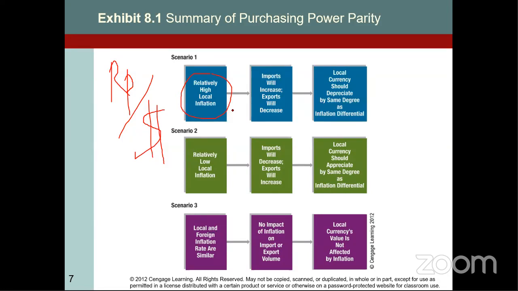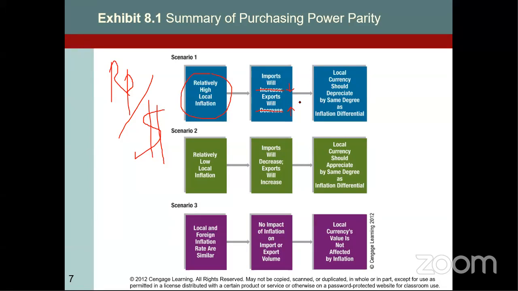Let me tell you once again that scenarios 1, 2, 3 are based on the indirect quotation. That's why all of this decreases. Now that's the meaning of this. Let's say we have imports.